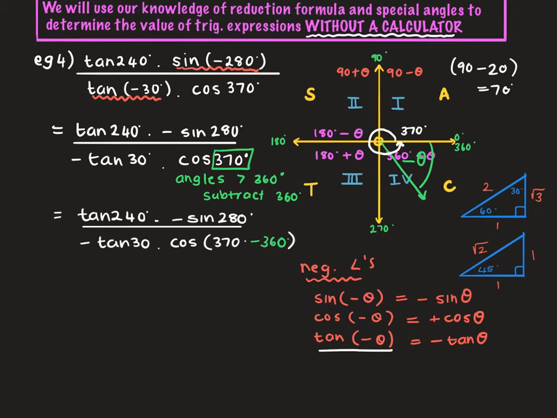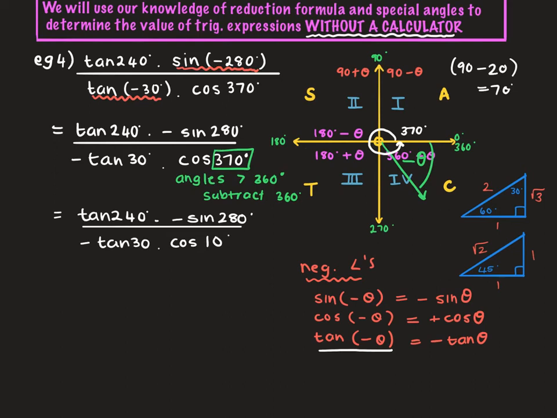And that will simplify to cos of 10 degrees. You agree with me? 370 minus 360 is cos of 10. So I've shown you what that step would be. I'm just going to give you our simplified version. So that would be cos of 10 degrees. Cool, so now we can actually get to simplifying this down to a numerical answer.